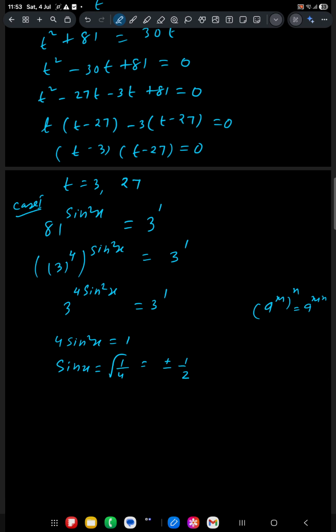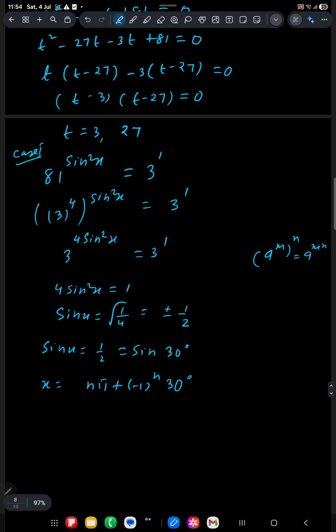Now if we take sin x equal to half, then our angle will be sine of how much? 30 degree. And the general solution, therefore, x will be n pi plus minus 1 power n into 30 degree. So n can be 0, plus minus 1, plus minus 2, and so on.